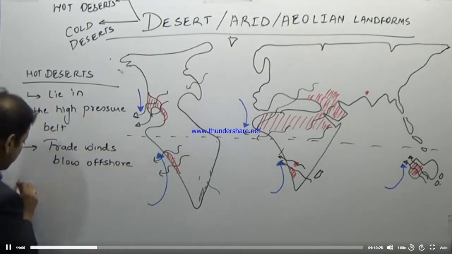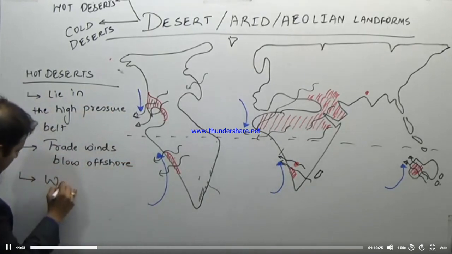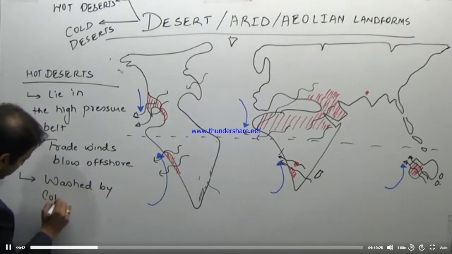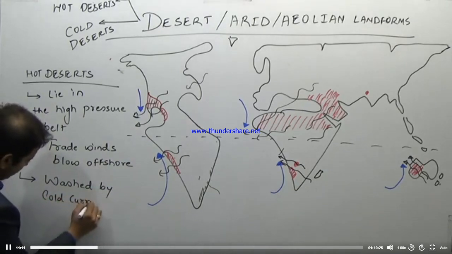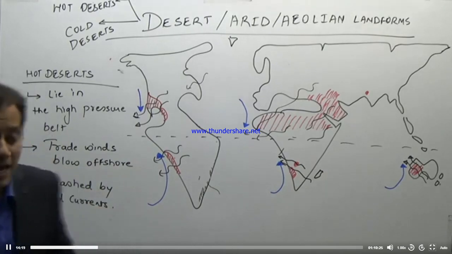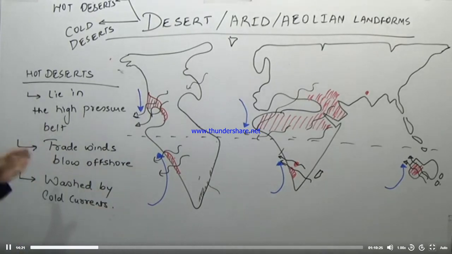And the third is they are washed by cold currents. So these are the three reasons why the deserts are located on the western side of the continents.